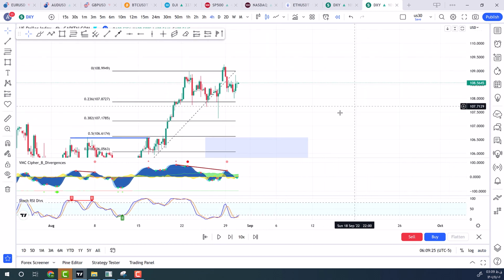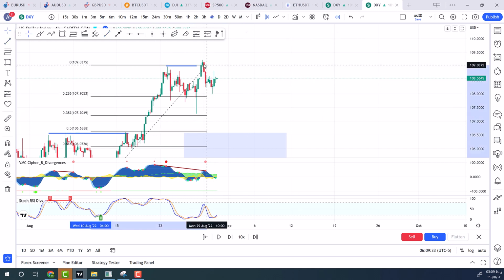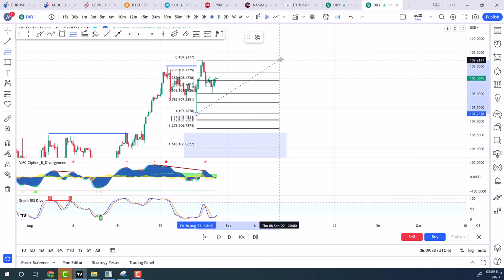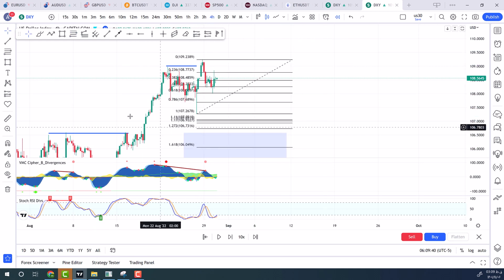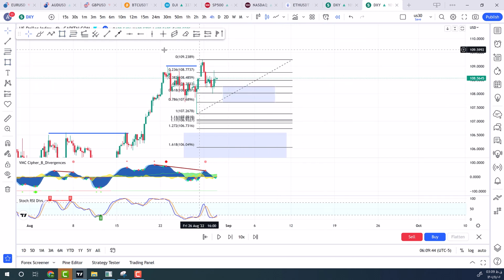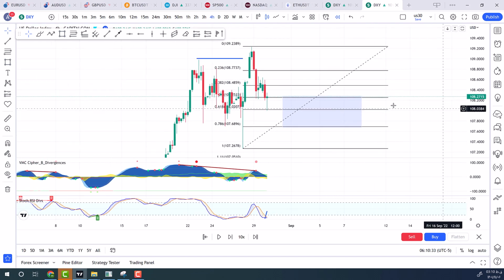It didn't pull back. Now it broke the high right here. We can add our Fibonacci from here to here, and it is our box. Let's get back a little bit for teaching purposes.